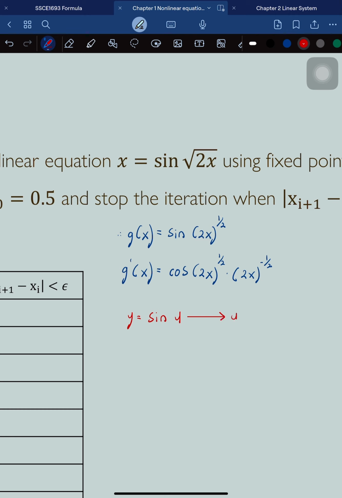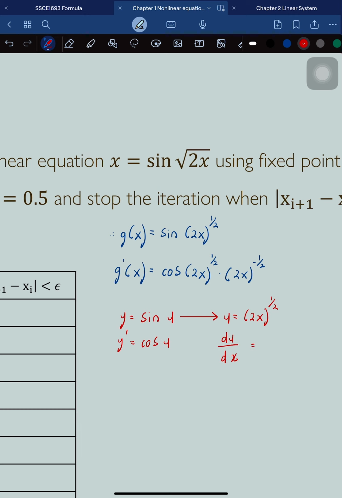Okay, so your u will be 2x to the half. So dy du is equal to cos u, du dx equal to half 2x to the negative half, differentiate inside 2.